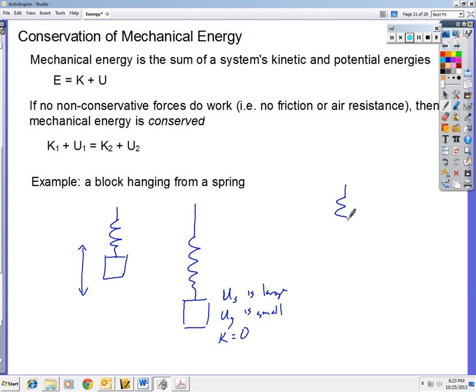But then at the top of its path, US is small, UG is large, and once again K equals 0, but the sum is the same in both cases.